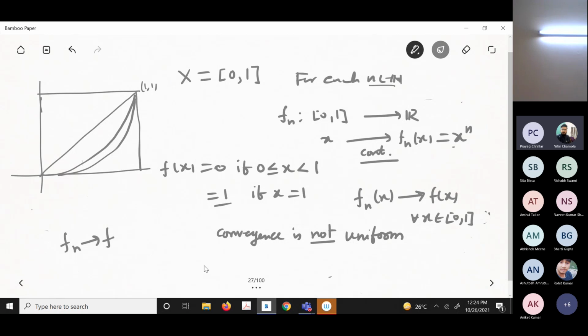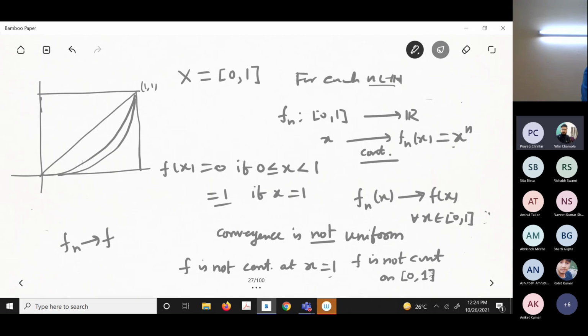First of all, also see that f is not continuous at 1. So f is not continuous. When we say f is continuous on the whole set, it means f should be continuous at each point. So f is not continuous on [0, 1]. Look, we have apparently nice functions.